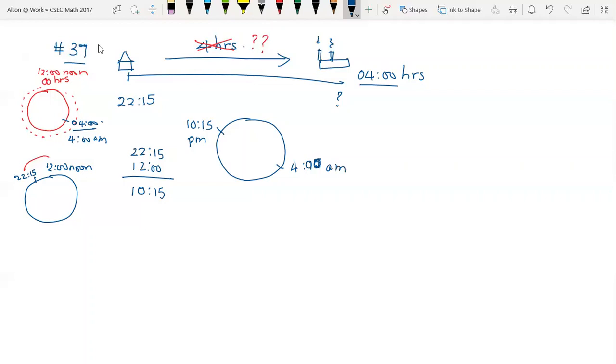So it'll take him 1 hour and 45 minutes, which is 1 3/4 hours, till midnight. And then he travels again for an additional 4 hours, which will take him until 4 a.m. So the total time for his journey will be 5 hours 45 minutes, or 5 3/4 hours. And that will correspond to answer B.